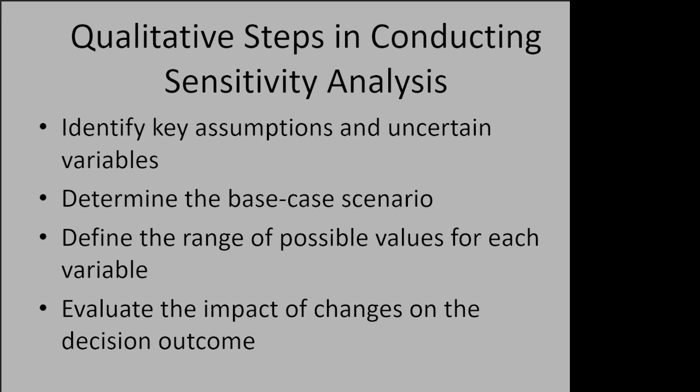Then you decide on a range for each variable. What happens if sales drop by 10%, or if costs rise by 15%? Finally, you evaluate how much those changes impact your outcome, like net present value. This step is more about planning and strategy than calculation. It lays the groundwork for the next, more technical phase.